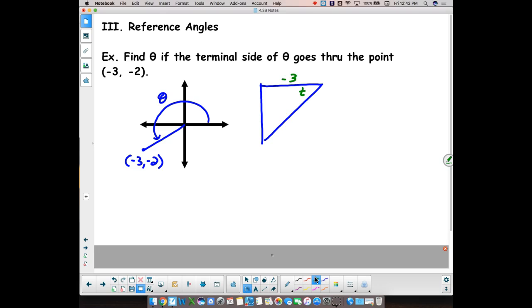This is negative 3 there. That's negative 2 there. So the tangent of T is equal to negative 2 over negative 3, opposite over adjacent. But I want to find T, so T is going to be the inverse tangent of that fraction. Well, somebody with a calculator, what is the inverse tangent of negative 2 divided by negative 3?